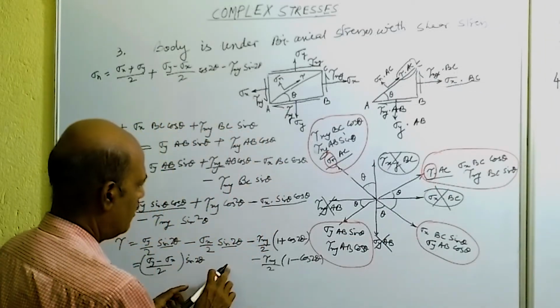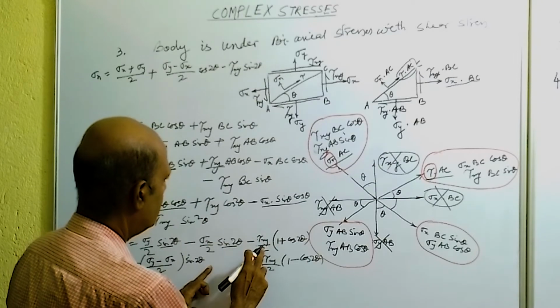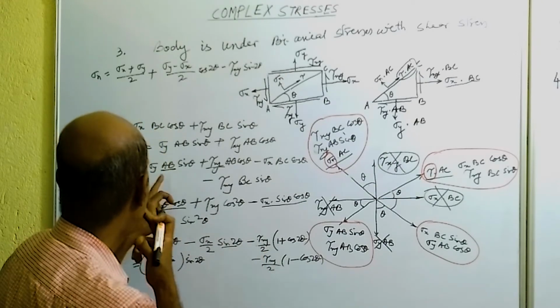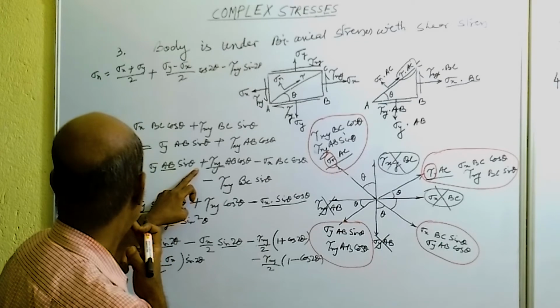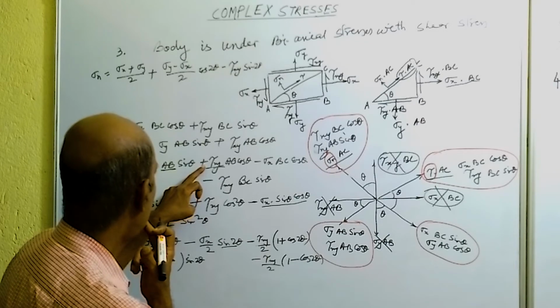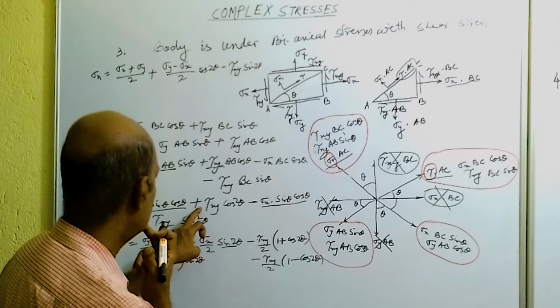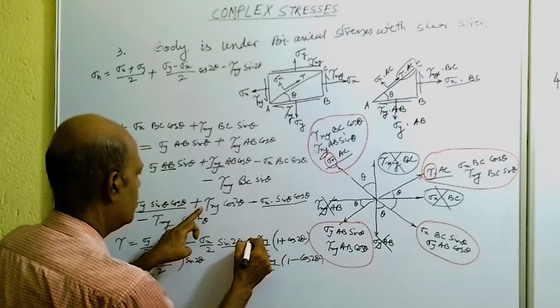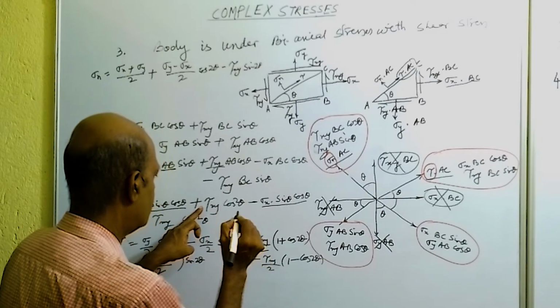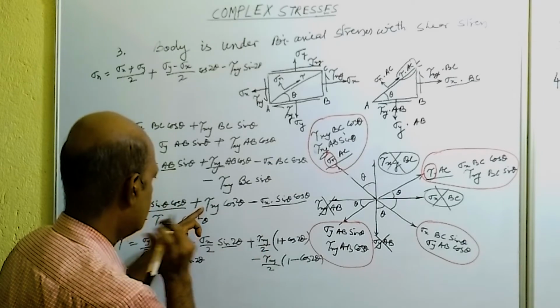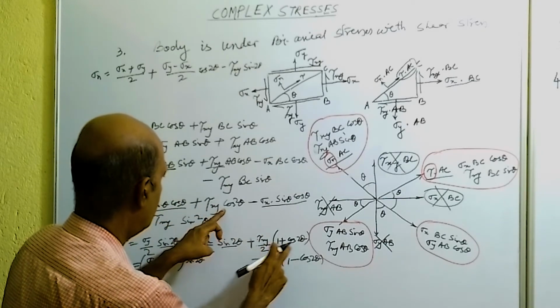The first one is minus and the second one is minus, so tau is equal to this one plus this. This sign is plus. Tau xy by 2, 1 plus cos 2 theta.